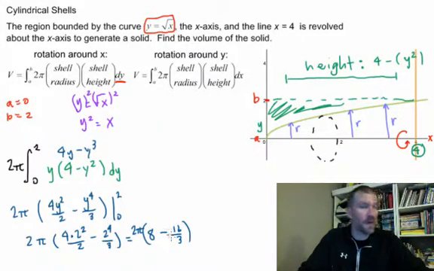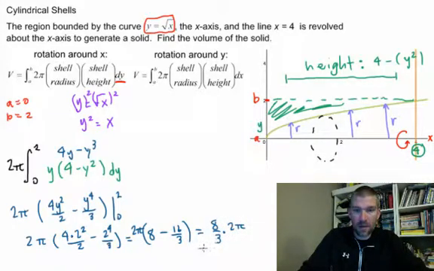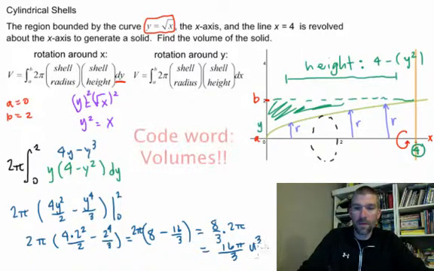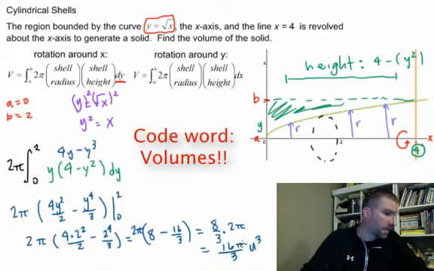So 24 minus 16 is 8 thirds times 2 pi, which is 16 pi over 3 units cubed. All right.